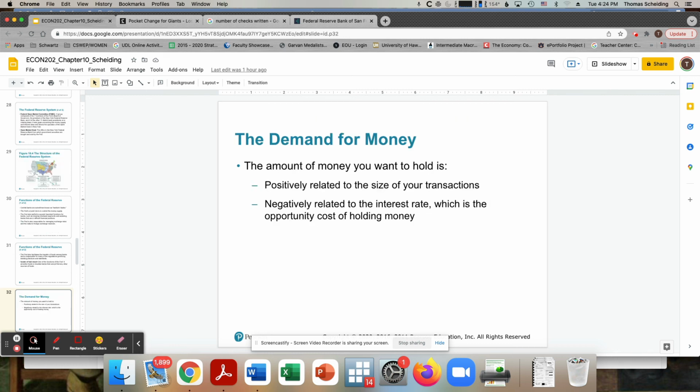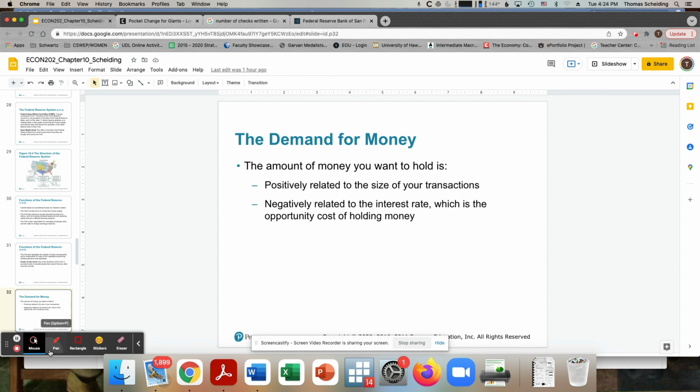The other side of this would be the demand for money. And just like in a supply and demand graph, here the money demand is negative in terms of interest rate, positive in terms of number of transactions.